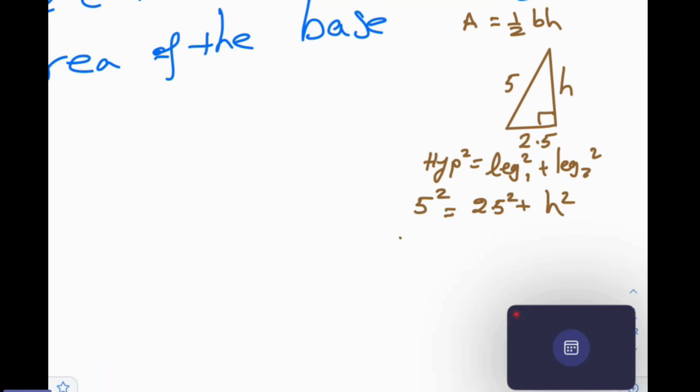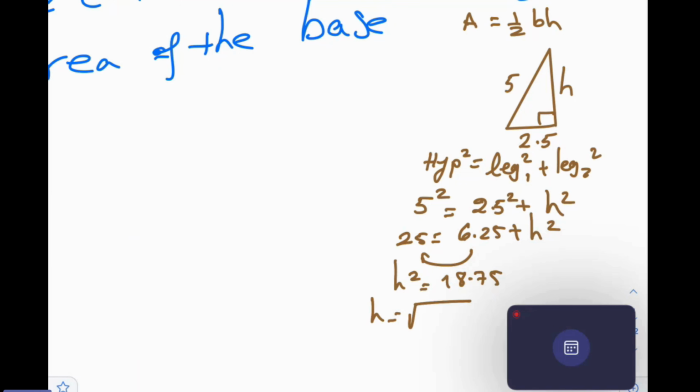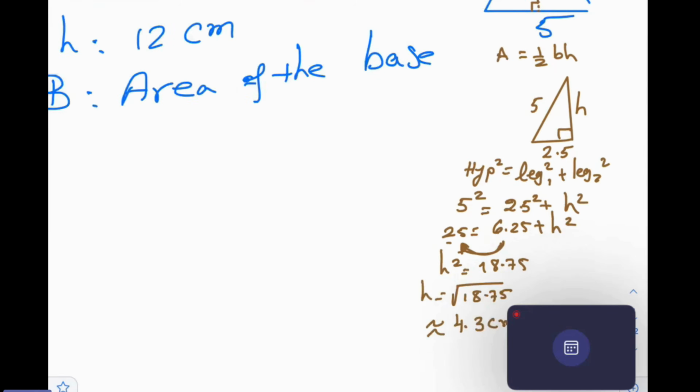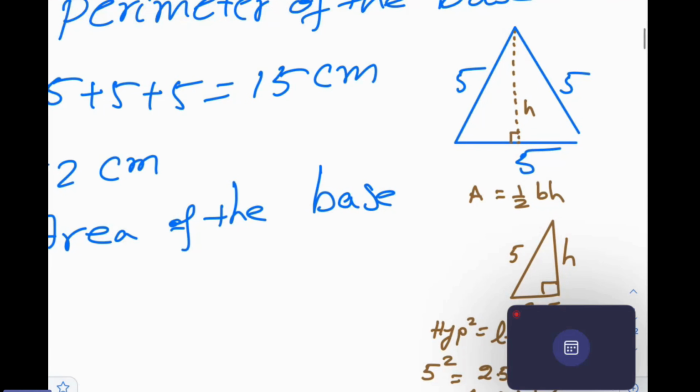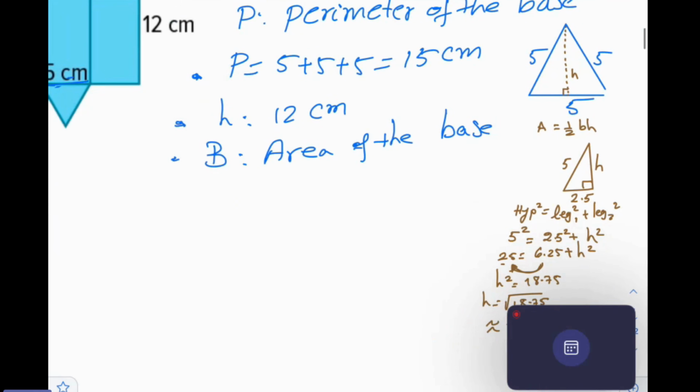That means 25 is equal to 6.25 plus h squared. h squared is equal to 18.75, and h is the square root of 18.75, which is approximately 4.3 centimeters. And this is 25 minus 6.25, for those who forget how to solve the equation. All this is only to find the value of h so that we can find B.